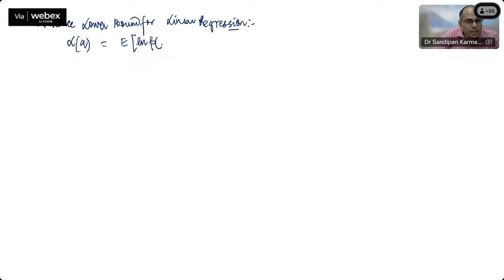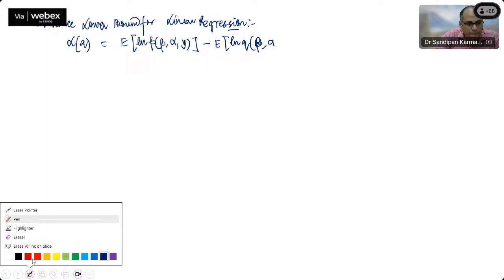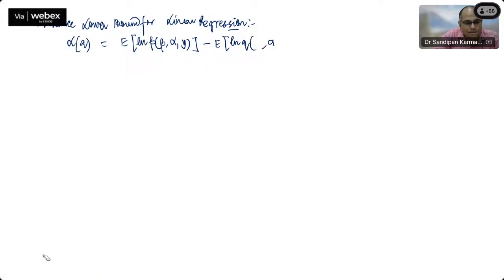So in case of linear regression, it will be beta, then alpha, and then y, minus the approximated one. So ln q beta and alpha, right?